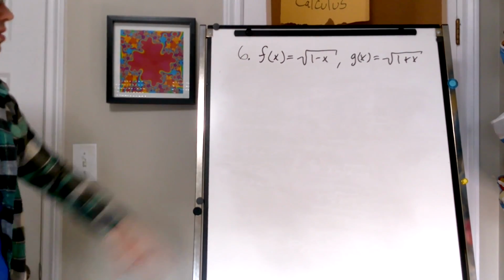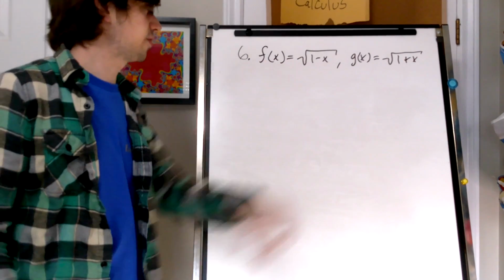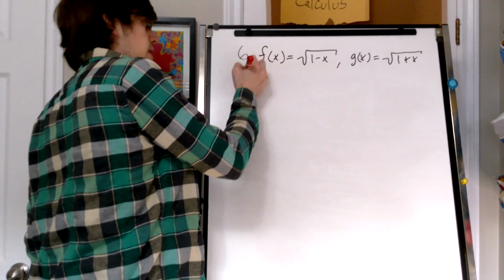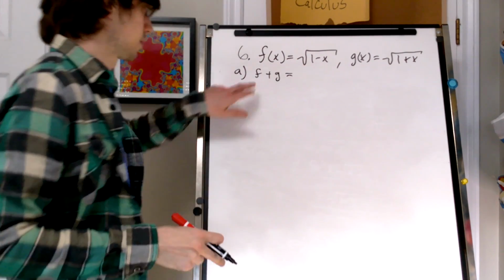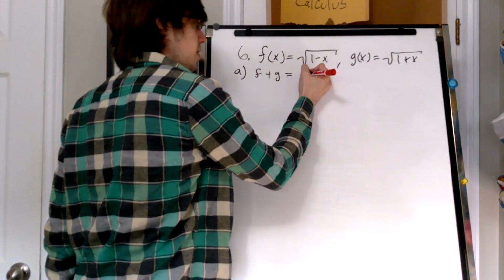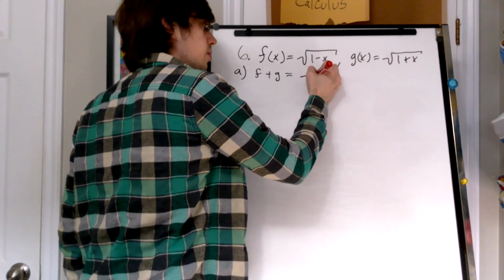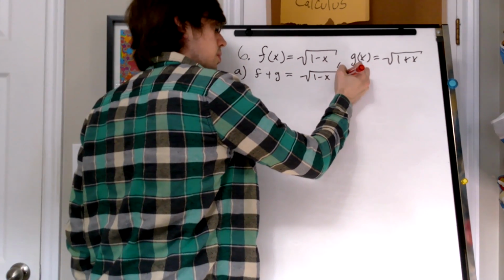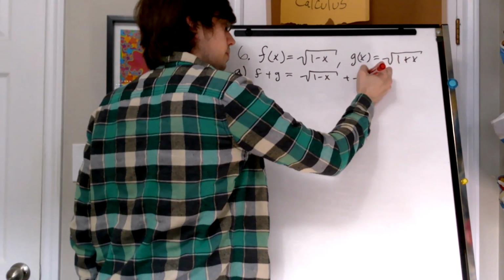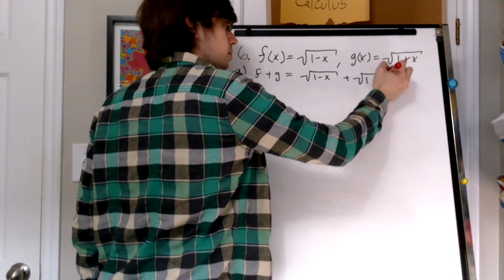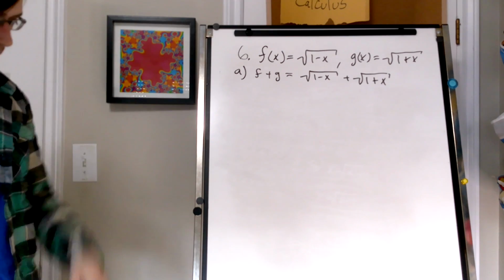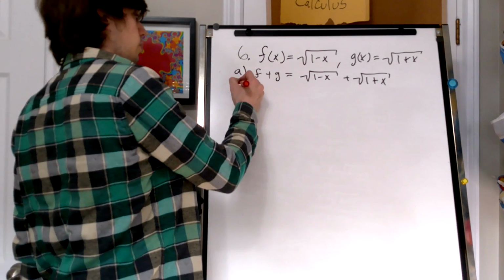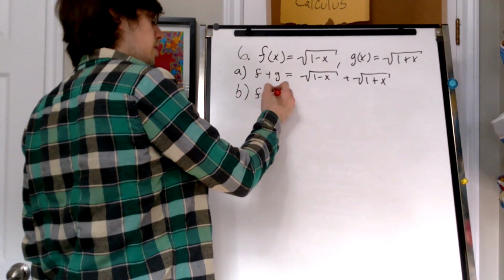Question 6. F of x and g of x, we want f plus g. F plus g in this case will be the square root plus the square root. If we do b, it's f minus g.